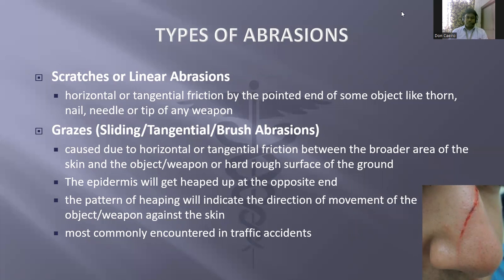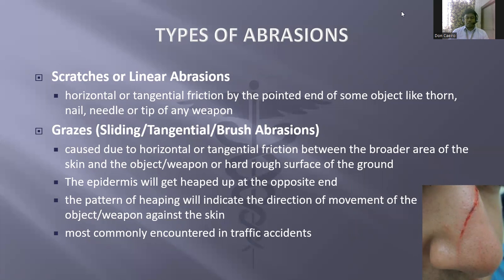Then we have grazes, which are also known as sliding abrasions, tangential abrasions, and also brush abrasions, caused due to the horizontal or tangential friction between the broader area of the skin and the object or weapon or hard surface of the ground. In a road traffic accident, if a person falls on the road and if he is moving, some part of the body may scratch against the road.